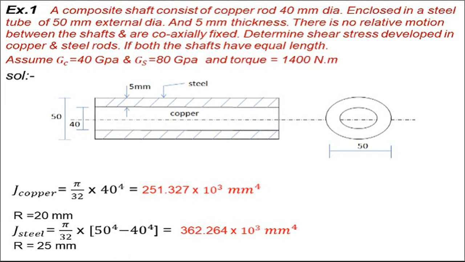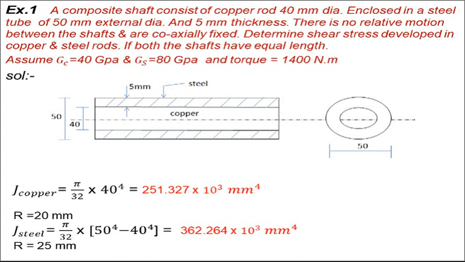The copper shaft is rigidly sleeved into the steel tube, and the thickness of the tube is 5 mm. There is no relative motion between these two shafts, and both are coaxially fixed. In this problem they ask how much shear stress develops in each material, and the lengths of both shafts are equal.